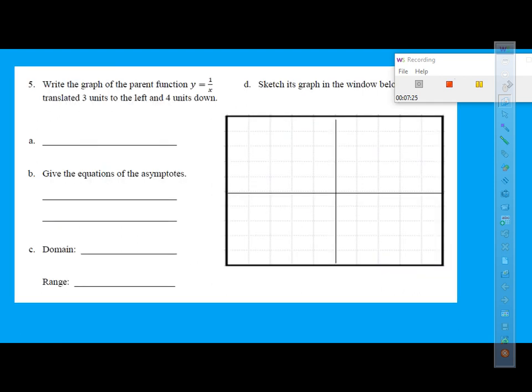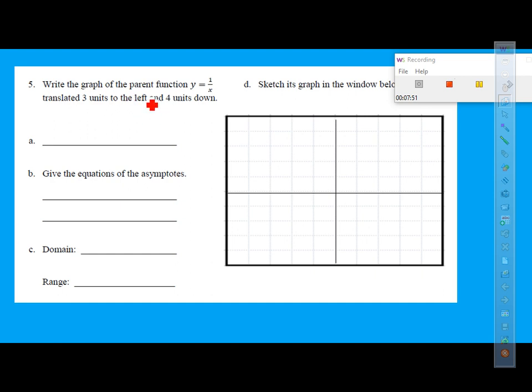Now, if you would, grab your calculator, and we're going to graph y = 1 over x. And as you do that, guys, it's going to look something like this. That's the parent function of y = 1 over x. Now, don't do that to your graph, though. What we're going to do is a new graph. Write the graph of the parent function, y = 1 over x, that has been translated 3 units to the left.